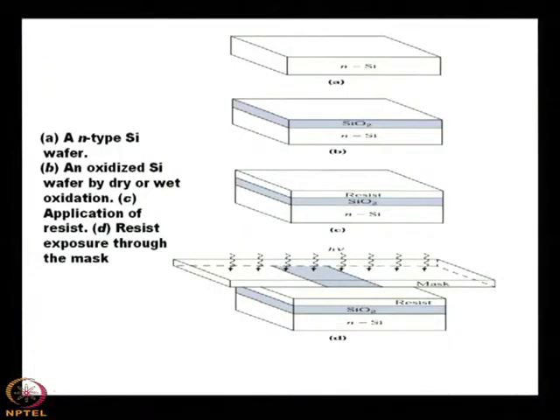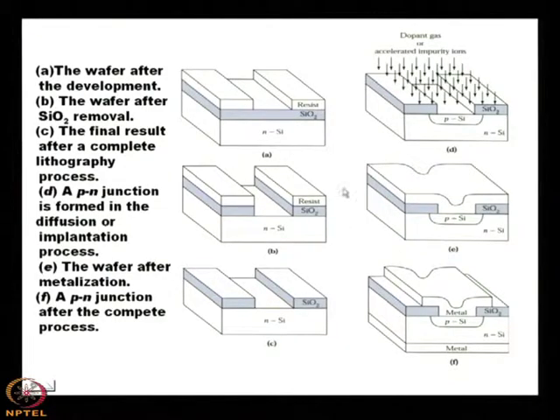Okay. So, in this diagram you see that this is the photoresist coated area, and the wafer after the development will look like this. Development means, since ultraviolet light was used, it is exposed.